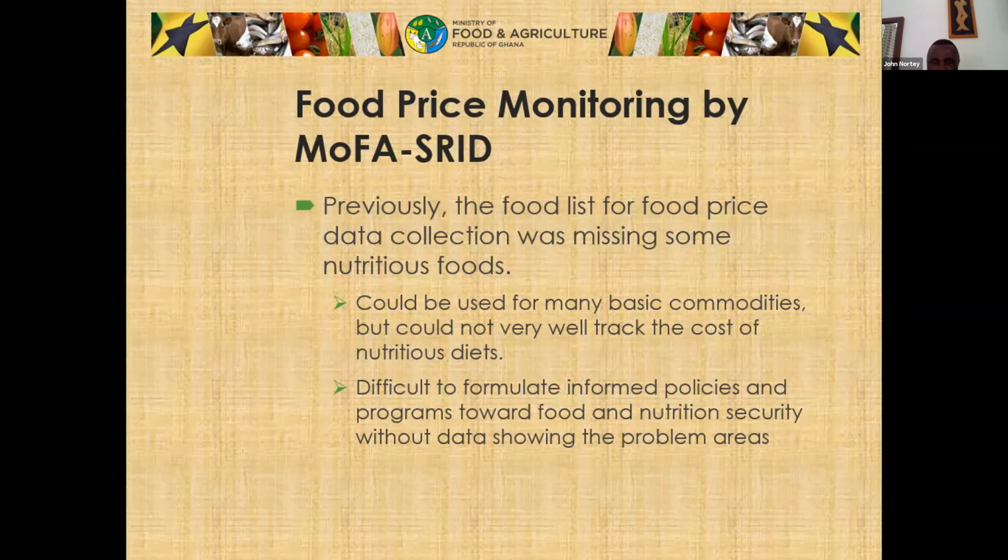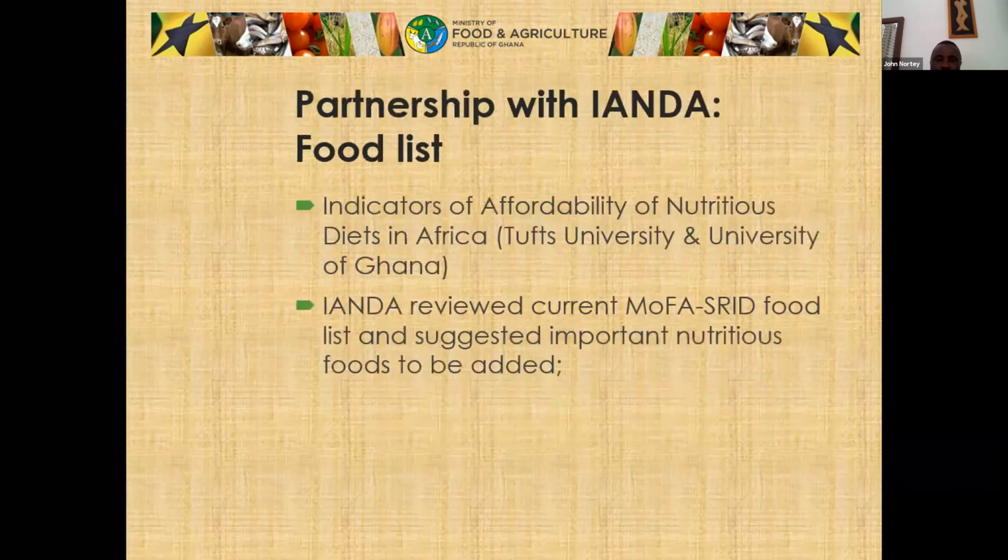So we didn't have the full range of nutritious foods that can be used for research purposes. It was difficult to formulate informed policies and programs toward food and nutrition security without data showing the problem areas.